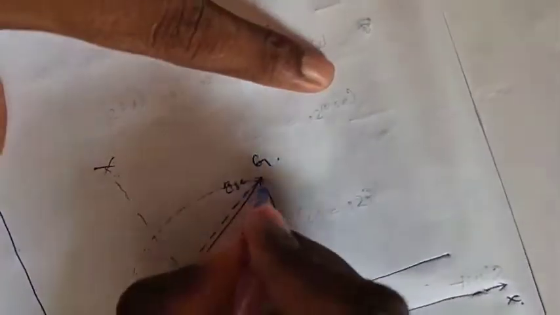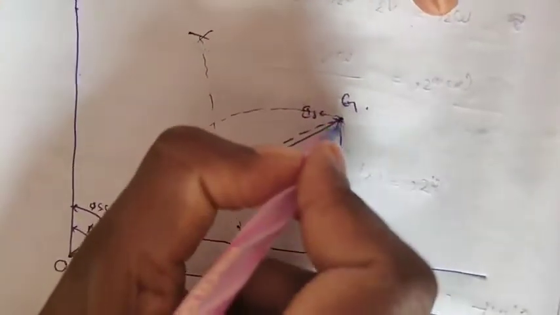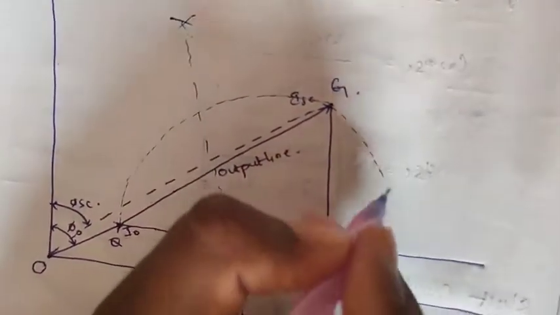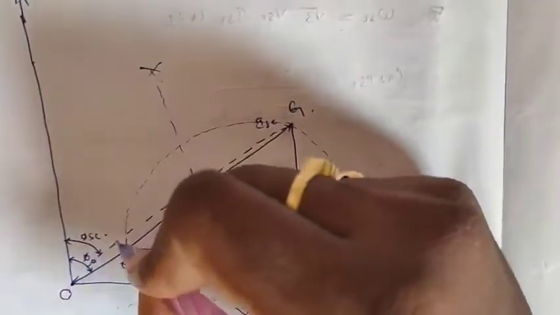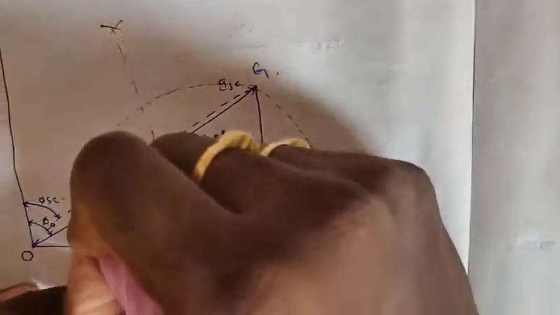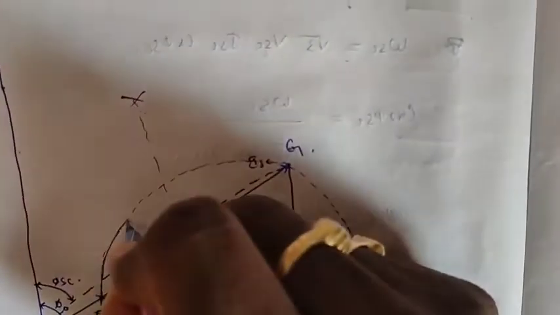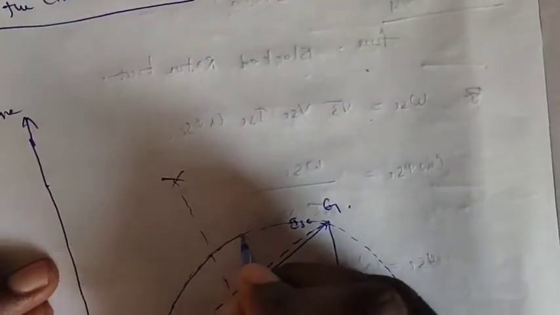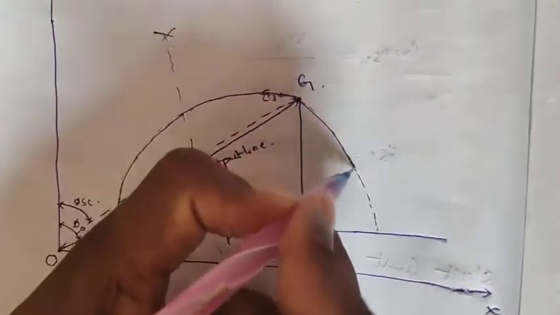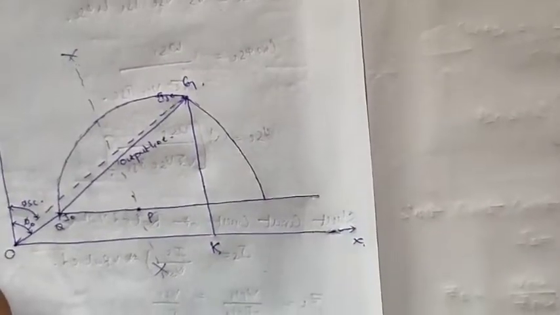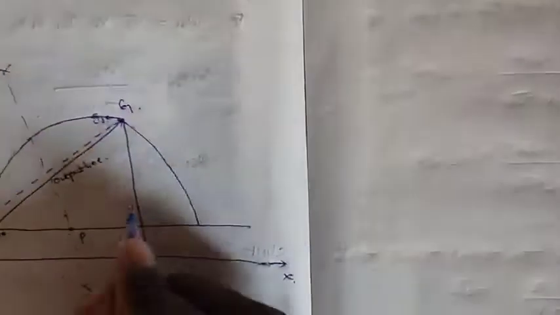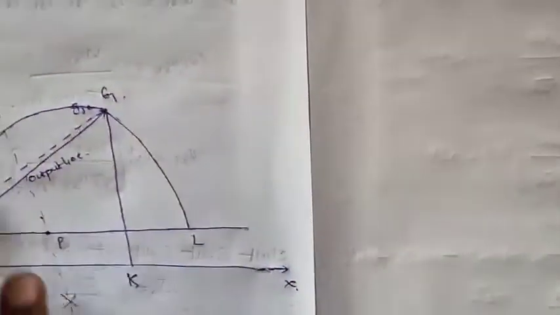Draw one semicircle with a radius of PQ. The meeting point with this one is put as L. So we have to draw the semicircle.